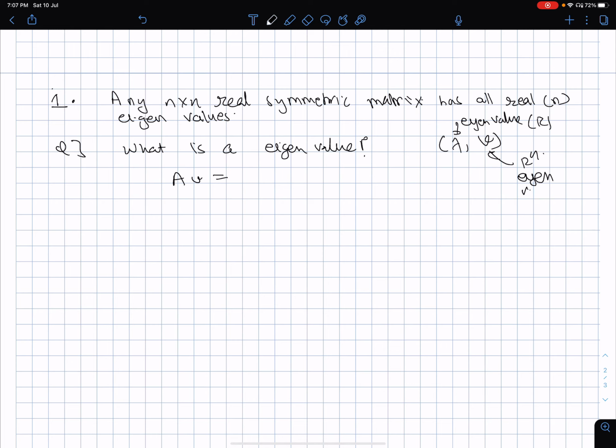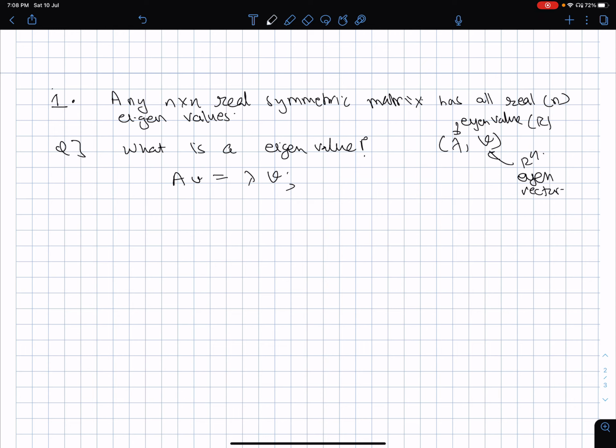They always come in a pair if Av equals lambda v. That means when you pre-multiply the vector v by the matrix A, in going from the domain to the range, there is an invariance in the sense that the direction of the vector has not changed. It is however scaled by a factor lambda.